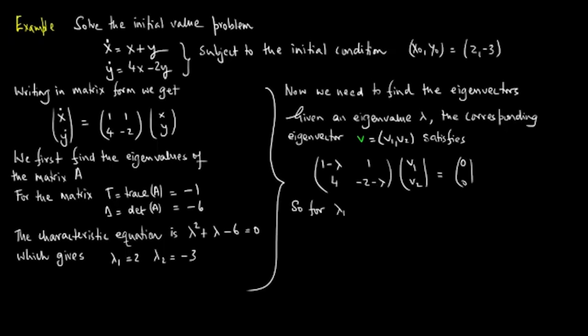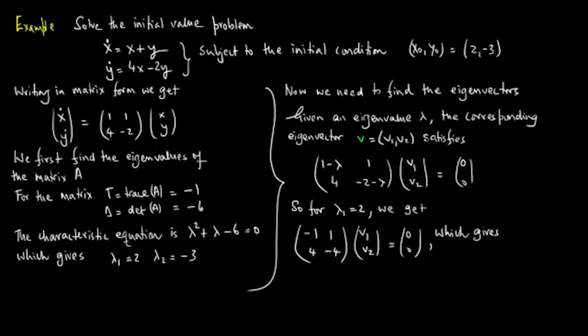So for lambda 1 is equal to 2, we get the matrix minus 1, 1, 4, minus 4, times v1, v2 is equal to 0, which gives v1, v2 is equal to 1, 1, or in fact any scalar multiple thereof.